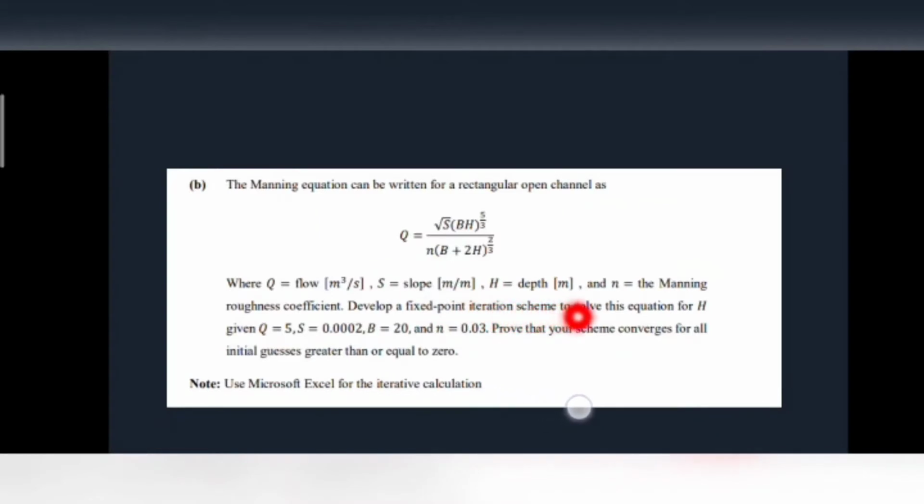Solve this equation for h given Q equal 5, S equals 0.002, B equal 20, and n equal 0.03. Prove that the scheme converges for all initial guesses greater than or equal to 0.